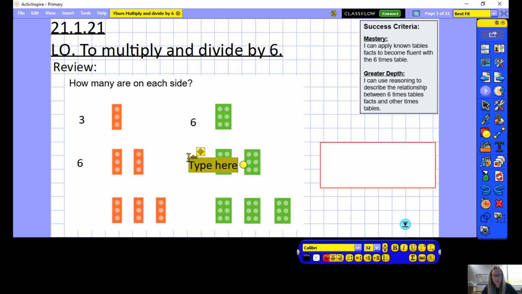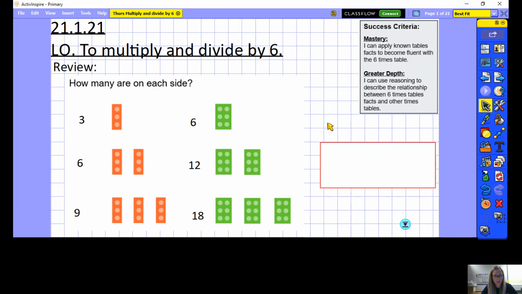And on this side, we've got 12. 6 and 6 is 12. And then finally, we've got 9. And then on this side, we've got 18. So we've got 6 and 6 and 6 is 18.